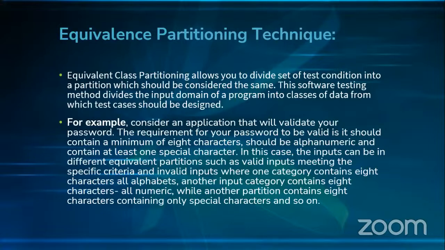Then the next one I put is Olayemi1 exclamation. That's 9 characters, more than 8. It's alphanumeric, with letters and the number 1, and it's got a special character, which is the exclamation mark. That is a valid scenario.